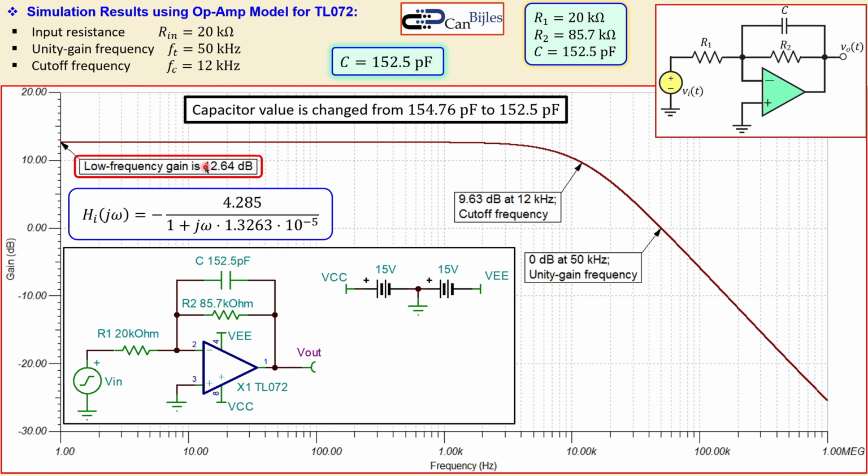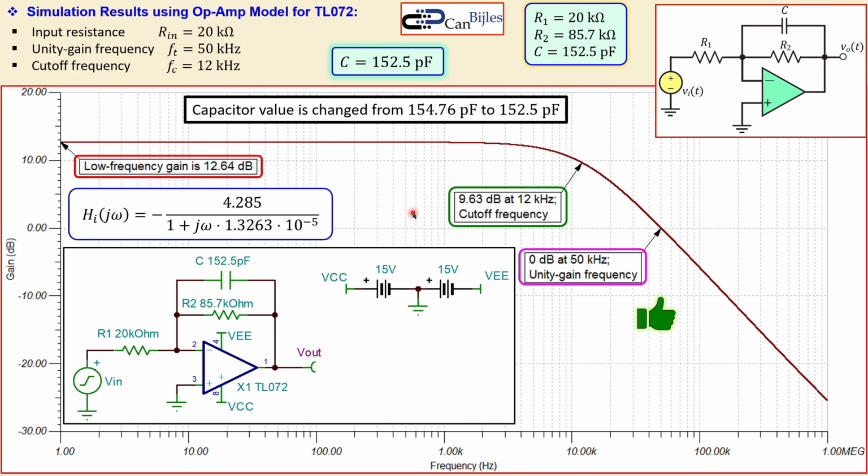Low frequency gain is as before, so that's fine, and also the cutoff frequency is achieved at that 12 kilohertz, and also the unity gain frequency of 50 kilohertz. So you see 3 specifications are met, and also the input impedance is achieved. So you can say this is perfectly fine by just adjusting the capacitor value.